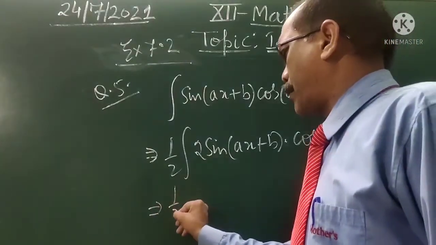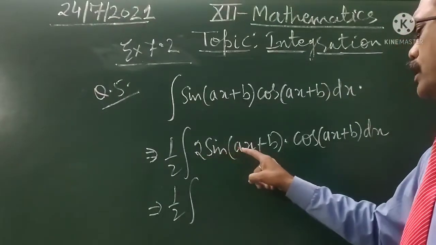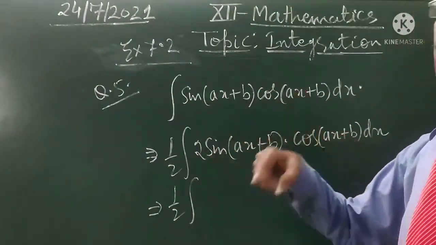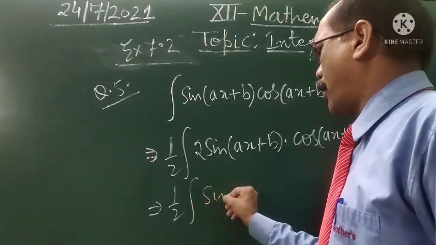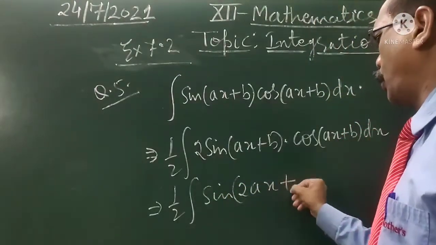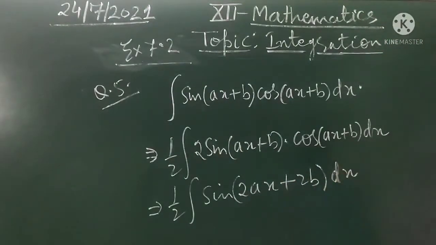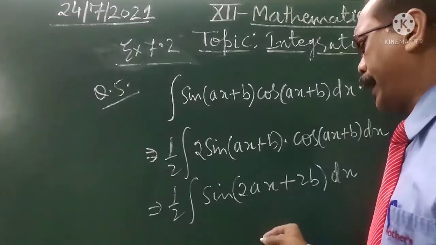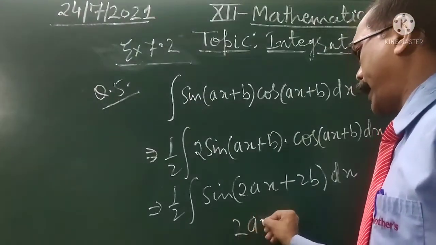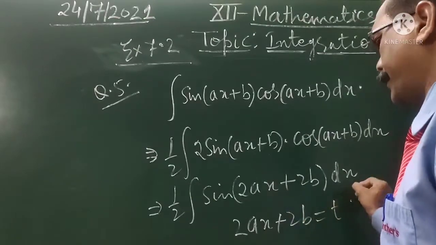Then it is 1 upon 2. It is the formula of 2 sin theta cos theta, which means sin 2 theta. So it is sin of (2ax plus 2b) dx. Here we will take 2ax plus 2b equal to t.